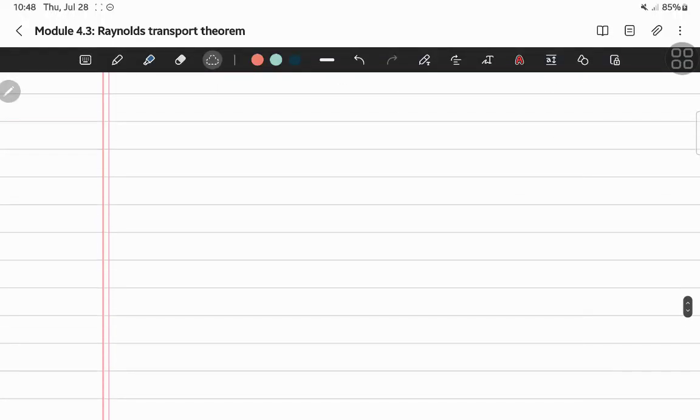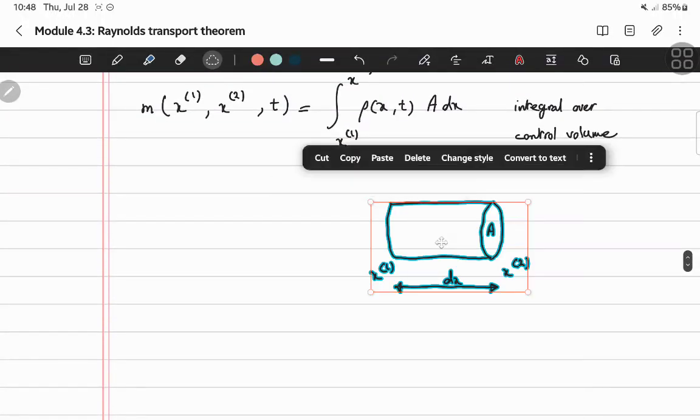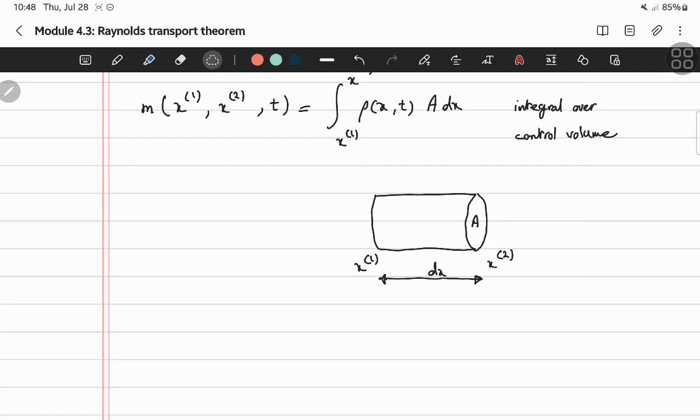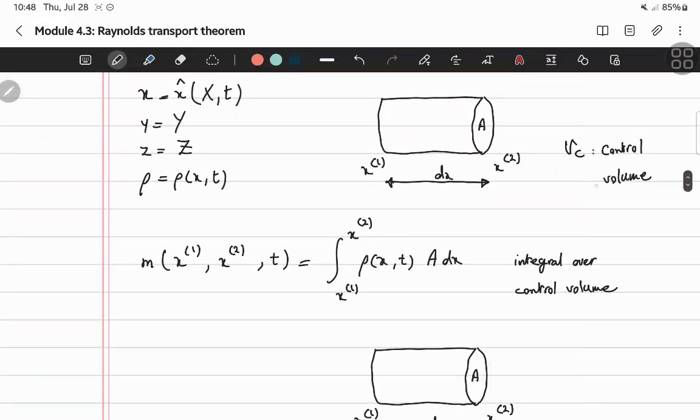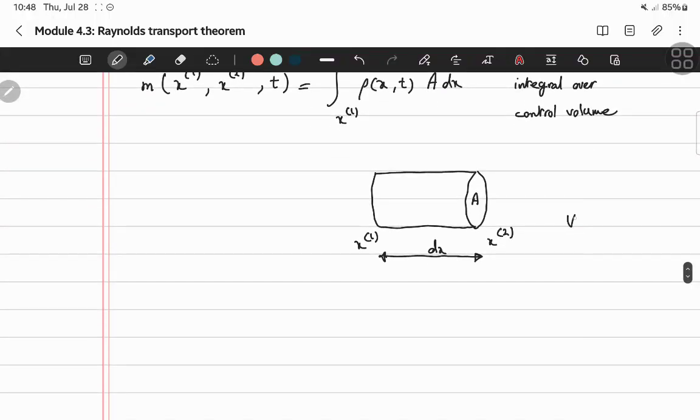So next we will have the same volume, but this time we have a material volume instead of a control volume. So now x1 and x2 are functions of capital X1 and X2. So let's say that we have X1, so it is changing from X1 to, let's say, X2.